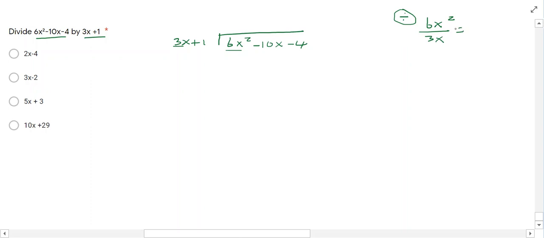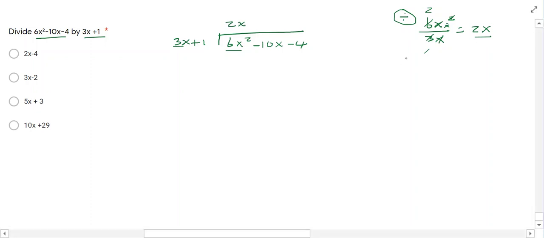That's going to be equal to, so this x will knock out one of these x's and you'll be just left with 1x, and then 3 will go into that once and 3 will go into 6 twice, so it'll leave you with 2x. So this answer from the division phase you put up here. So 2x, you put it up here like so.